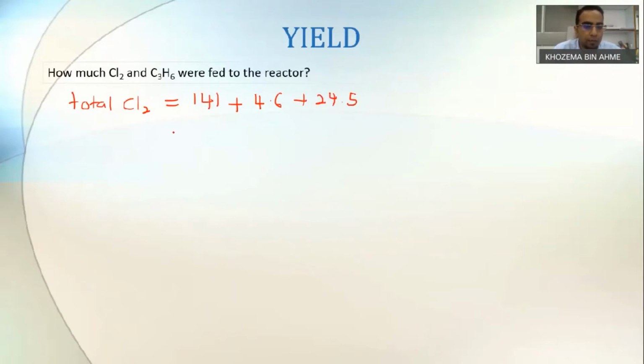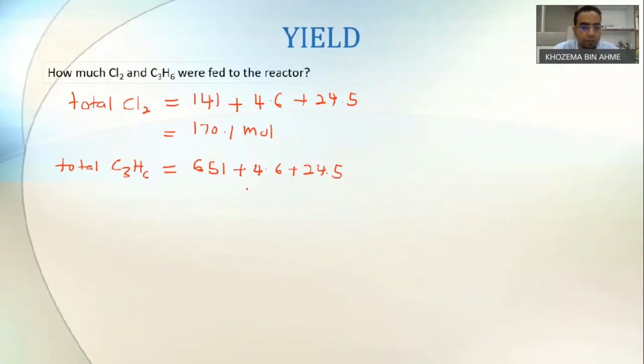So I will get a total of 170.1 mole of chlorine. And then to find total C3H6, our propane, the same thing. The unreacted is equal to 651, plus 4.6 plus 24.5. So I will get here a total of 680.1.